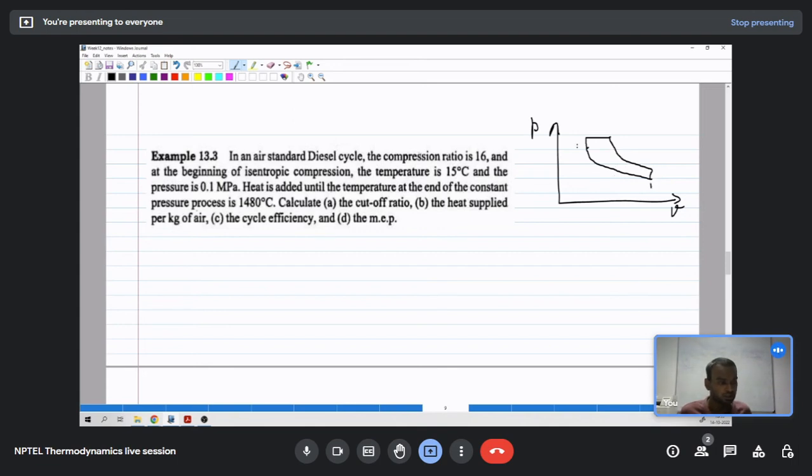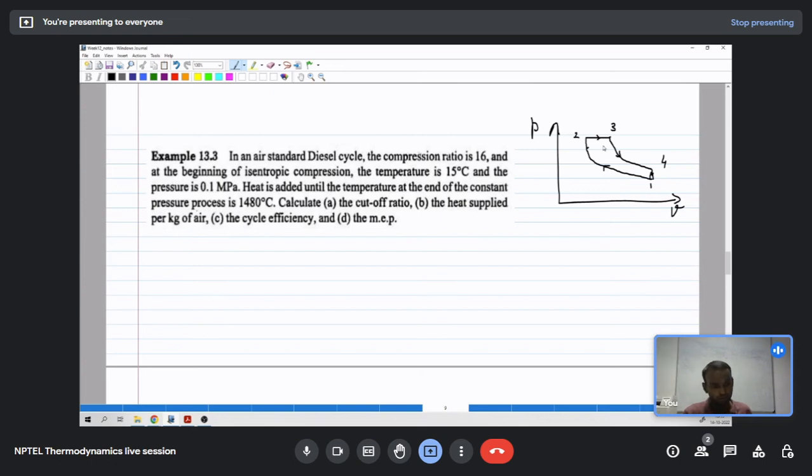Assume starting with 1 for the dead state, we have compression represented by 1 2, heat addition represented by 2 3, expansion represented by 3 4, and heat rejection represented by 4 1.